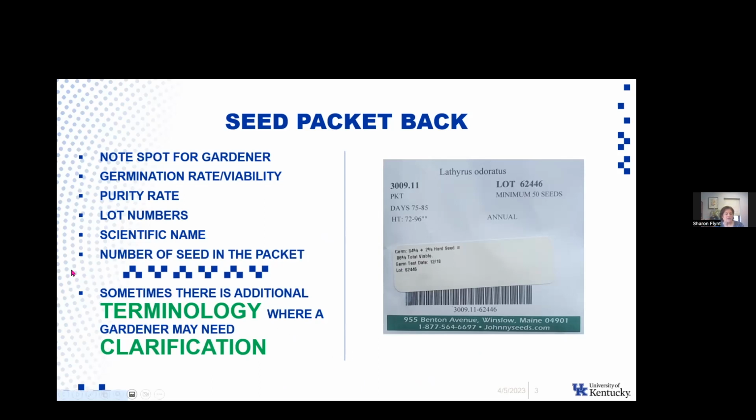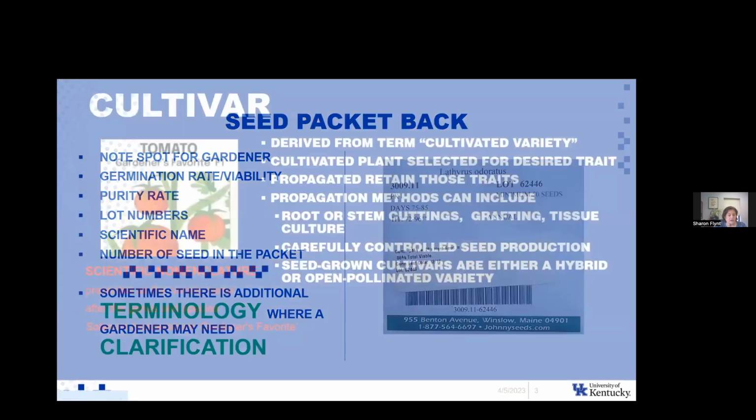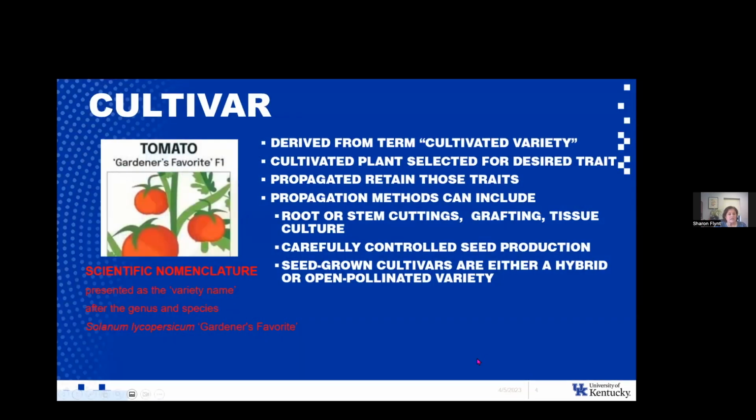Also, a lot of times you'll see the scientific name, number of seeds in a packet, but sometimes there's additional information. Sometimes you may see something like cultivar, or as on this tomato seed here, it says gardener's favorite, and it has F1. That is what we call a cultivar, which comes from the term cultivated variety.